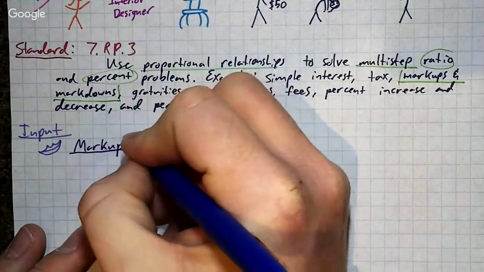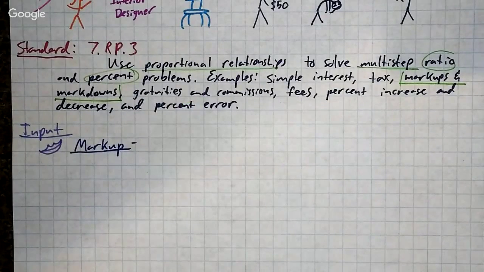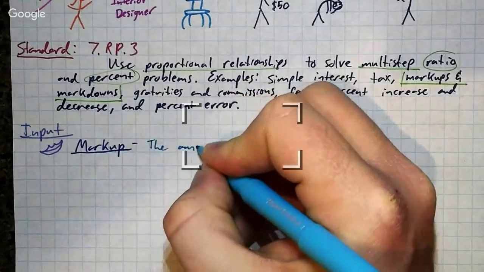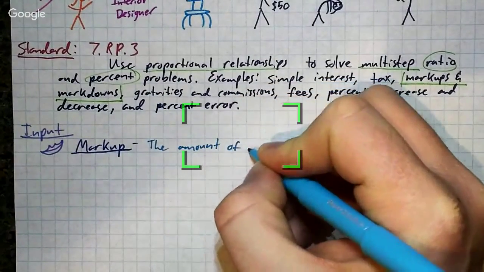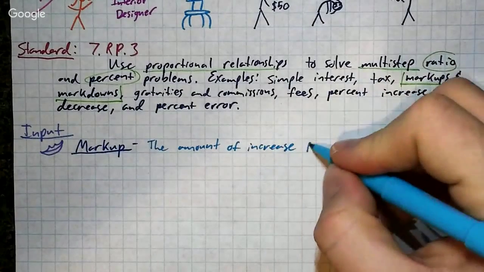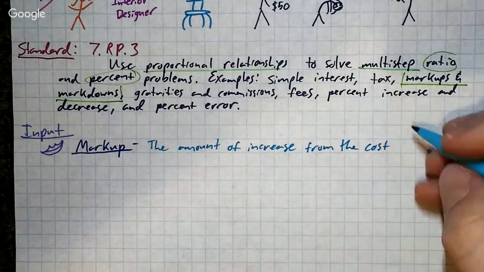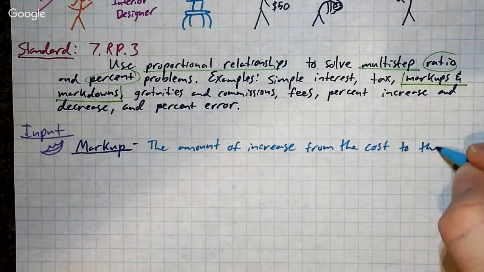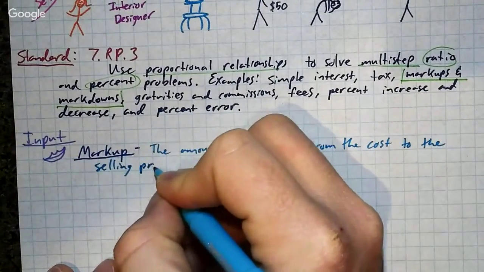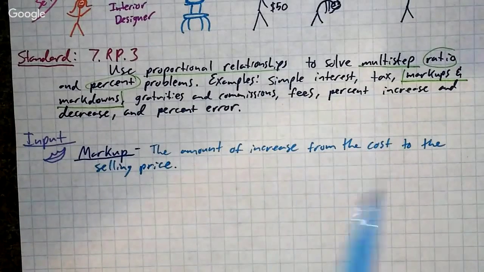A markup is the amount of increase from the cost to the selling price.